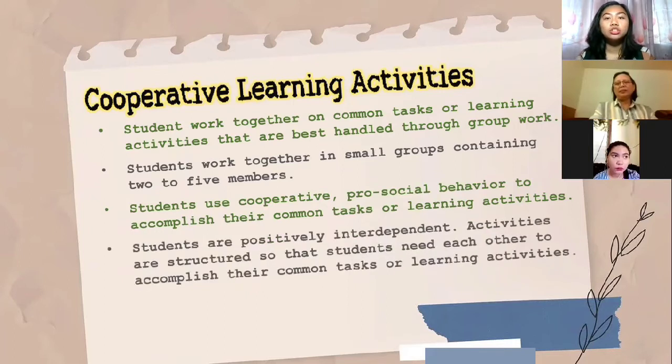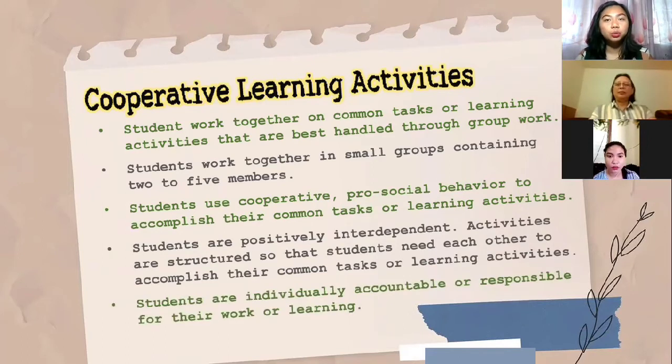The fourth one, students are positively interdependent. Activities are structured so that students need each other to accomplish their common task or learning activities. So these cooperative learning activities are designed only for group work of 2 to 5 members. The fifth one, students are individually accountable or responsible for their work or learning.